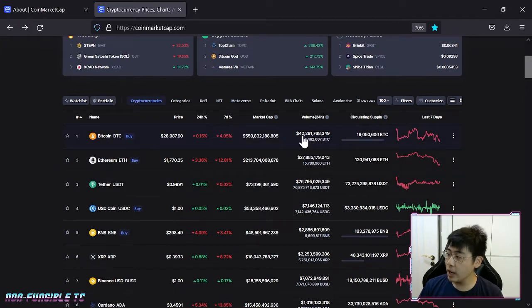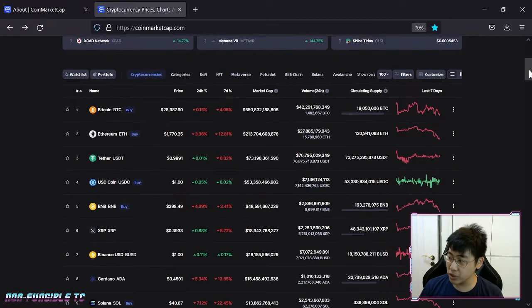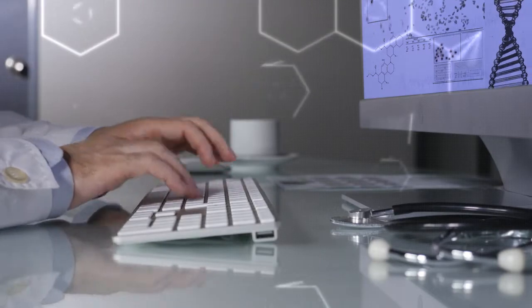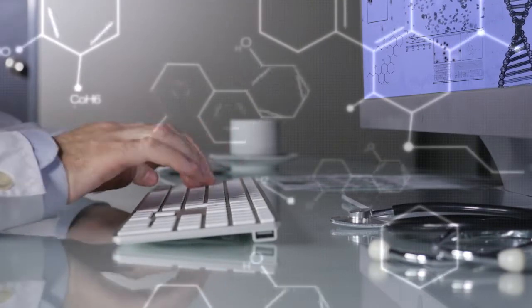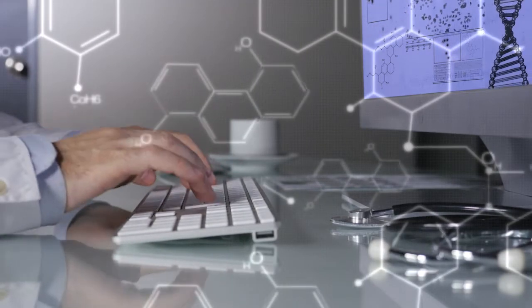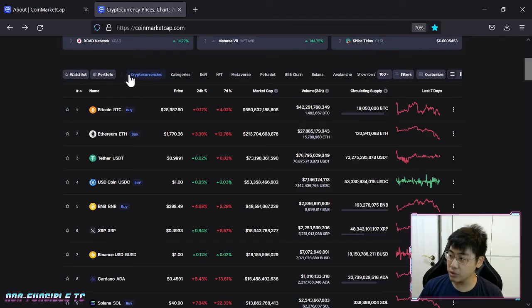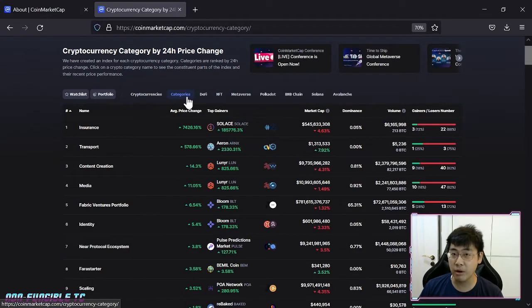So when you look at this, if you're new to cryptocurrency and you want to do research, if you don't know where to start, CoinMarketCap is actually a very good place to start. First of all, if you go to the cryptocurrency category, you can see the different types of cryptocurrency by the ranking. But if you're interested in terms of categories, it shows you different types of cryptocurrencies that are under different categories.